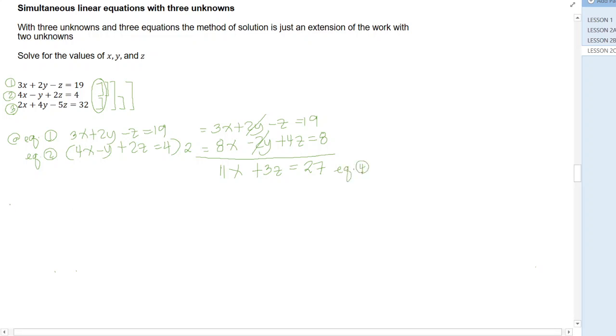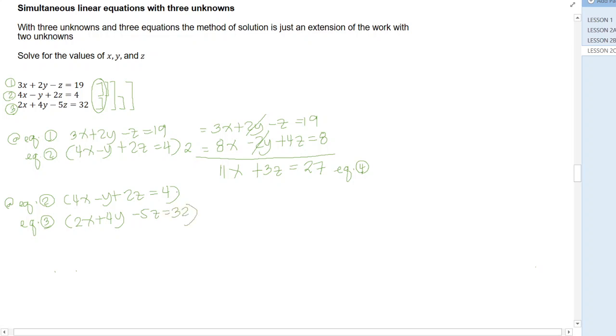Next, let us copy equation 2, that is 4x minus y plus 2z is equal to 4. Equation 3 has the same common variable. Equation 3 is 2x plus 4y minus 5z is equal to 32.